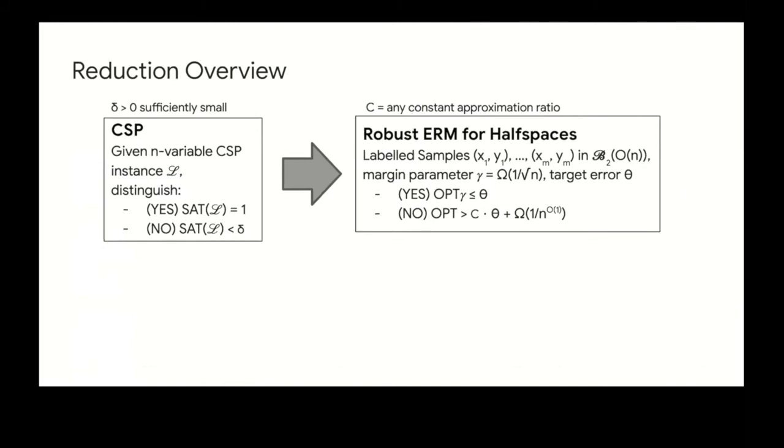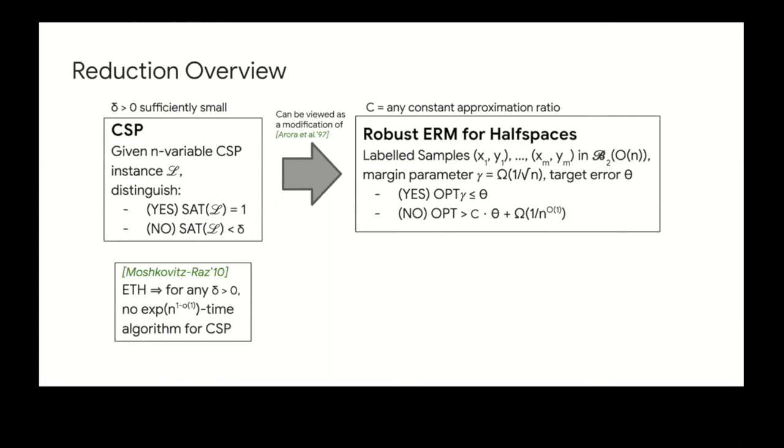But here the margin will be 1 over square root of n, where n is the number of variables of the CSP. This reduction can be viewed as a modification of the Arora et al. reduction that I mentioned earlier as well. Now, for 2-CSP, we know that for any constant factor, it's hard to approximate in time exponential in n to the 1 minus little o of 1.